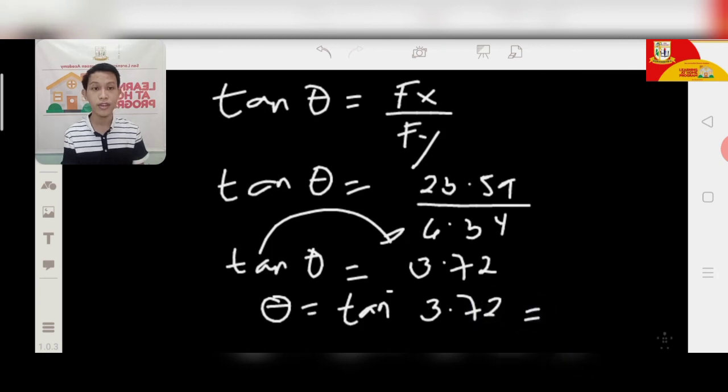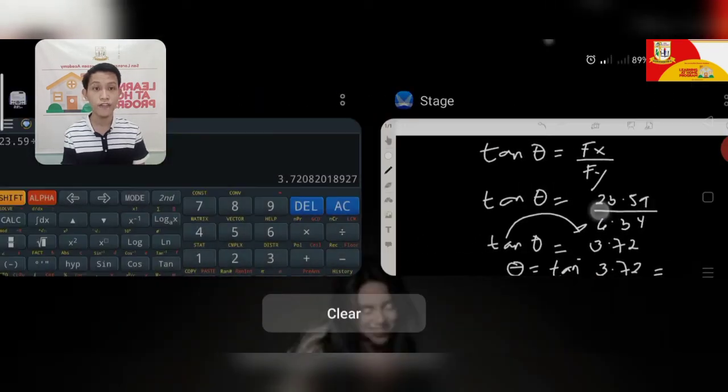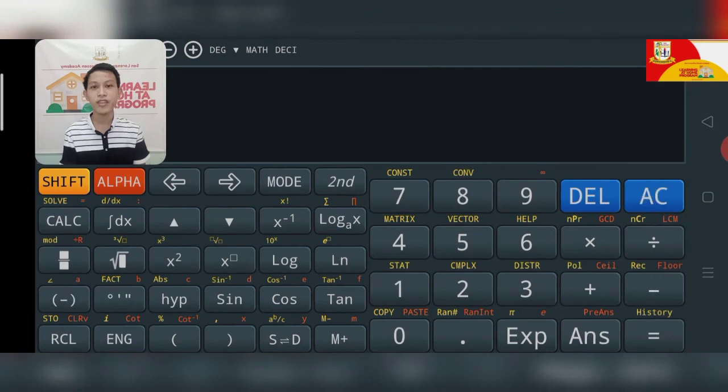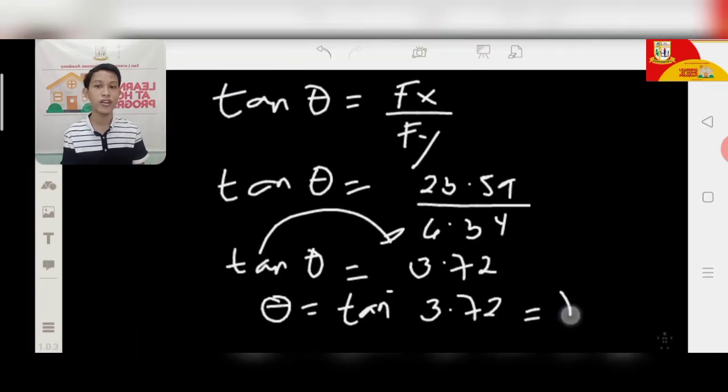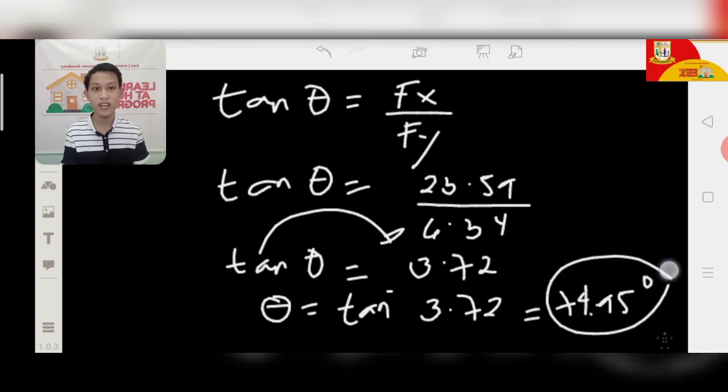Type that in our calculator with shift tangent 3.72, and we will get 74.95 degrees. That is the direction of our resultant vector.